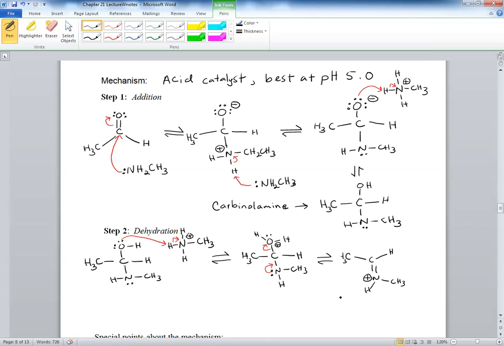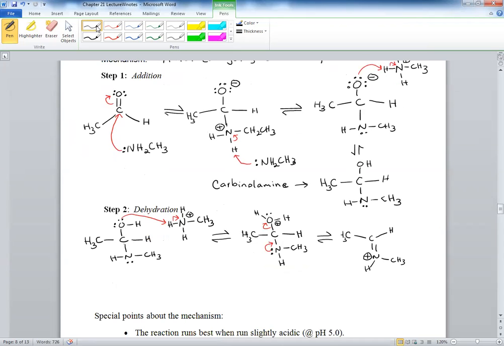So all we need to do now is deprotonate the amine. Still have the methylamine now.